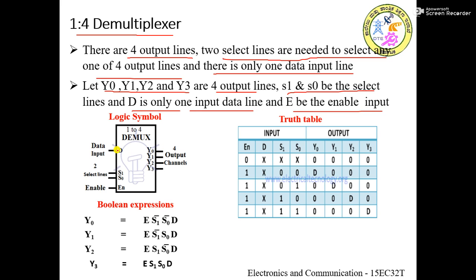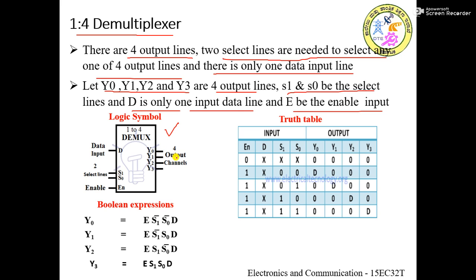So this is the logic symbol. You can clearly see there is only one data input line, there are four possible output lines, Y0, Y1, Y2 and Y3, two select lines S1 and S0, and an enable pin. The logic symbol is clear.